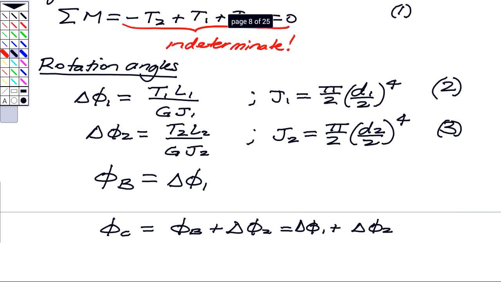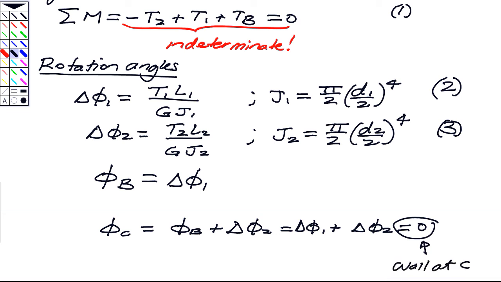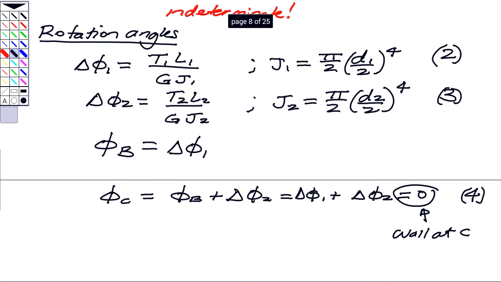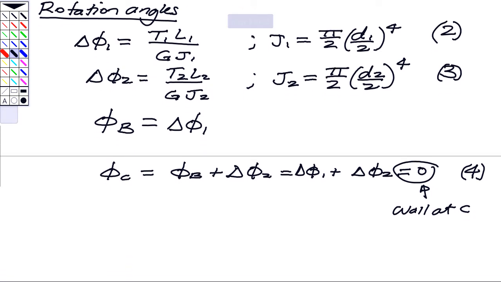And where the compatibility comes in is that we know that this angle of rotation at the wall is 0. So this is equation 4. So that's the 4 equations that we need to solve for our unknowns.